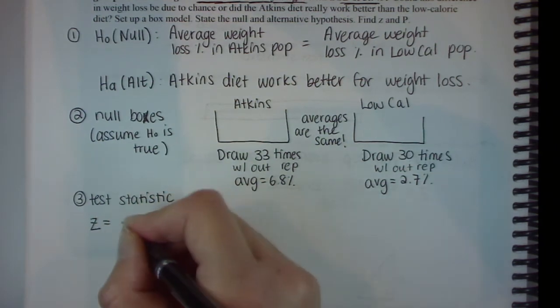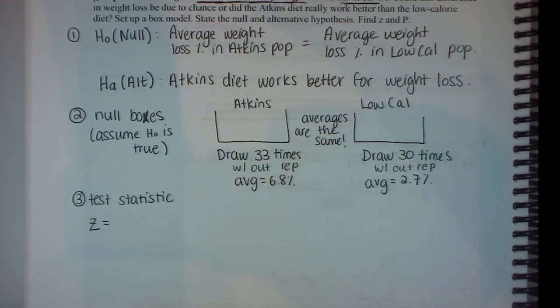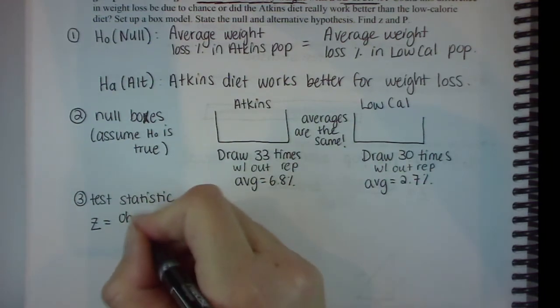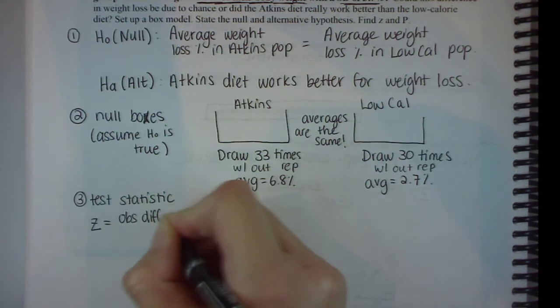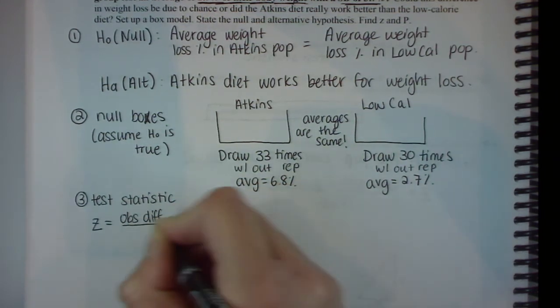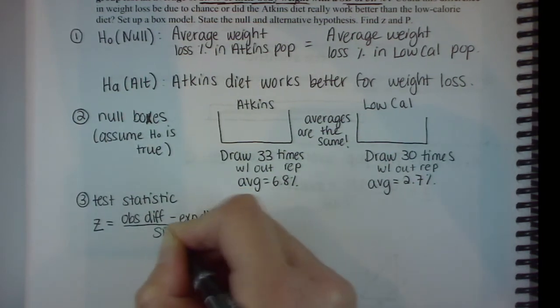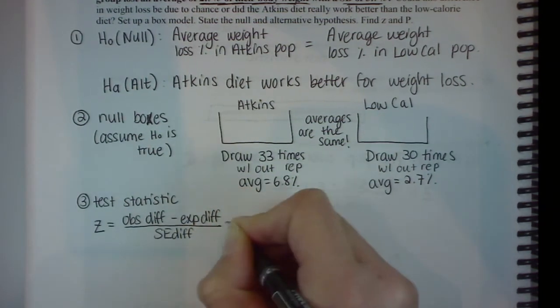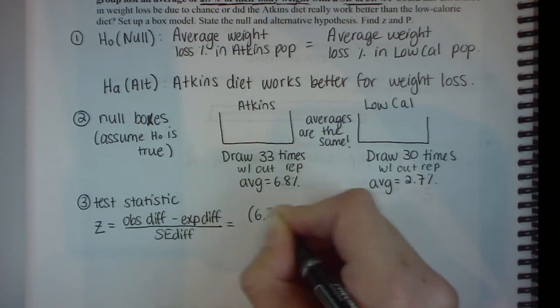So z is your difference in your observed values minus your expected difference over the standard error for the difference. So my observed difference is just what I got, 6.8 minus 2.7.